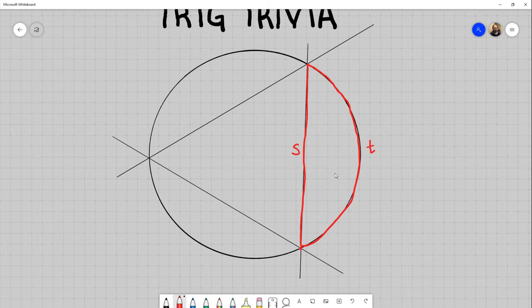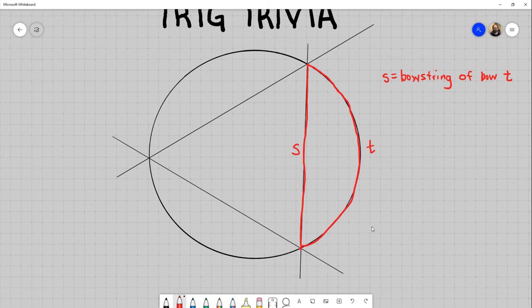Remember like a bow and arrow, like Katniss Everdeen. All right. And S is the bowstring, the bowstring of bow T. Right, so T is the bow, and S is the bowstring.